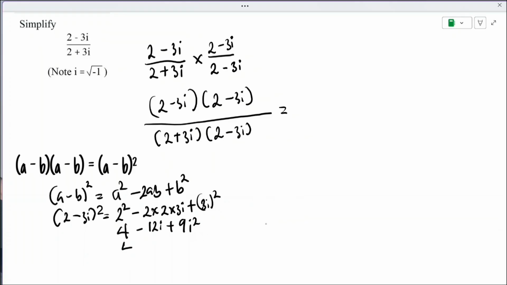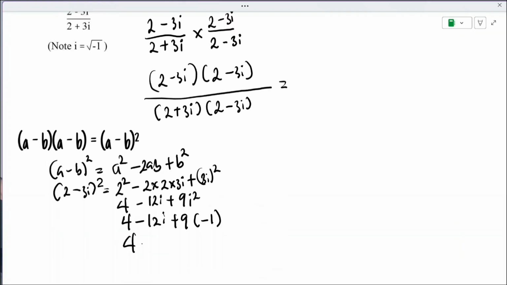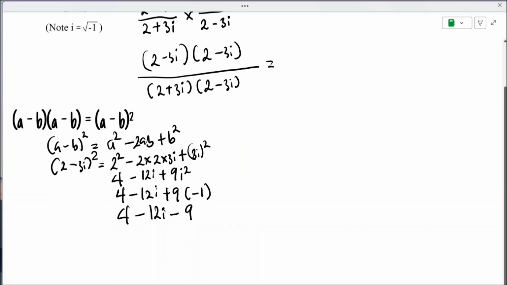So you can have this as 4 minus 12i plus 9 in open bracket times minus 1. You have 4 minus 12i, then plus 9 times minus 1. We go for the signs first. Positive times negative will give you negative, then 9 times 1 will give you 9. We collect like terms. You have 4 minus 9 minus 12i.